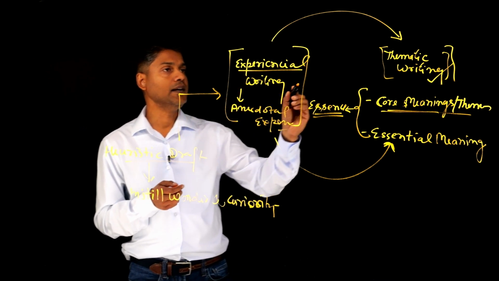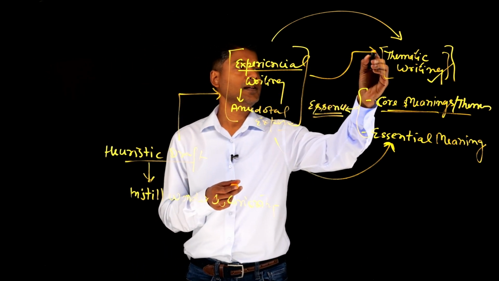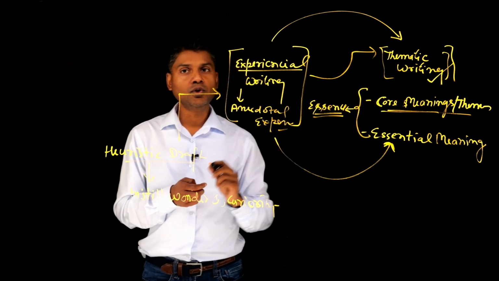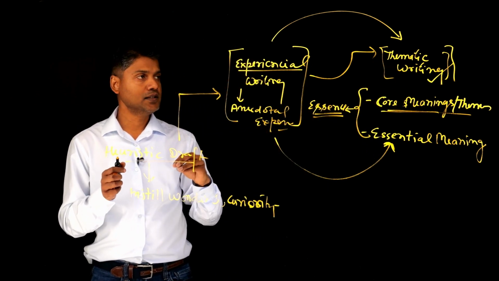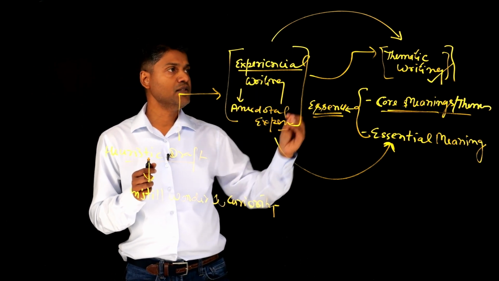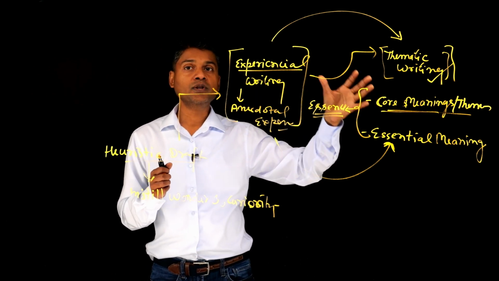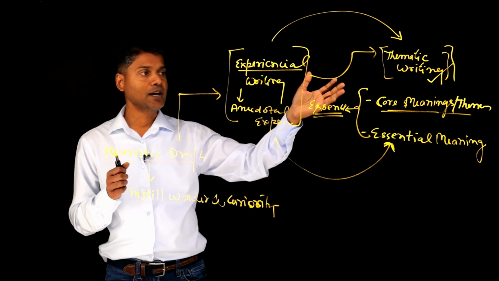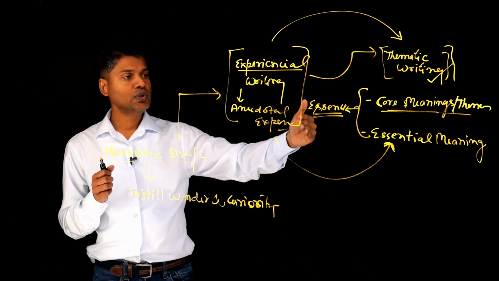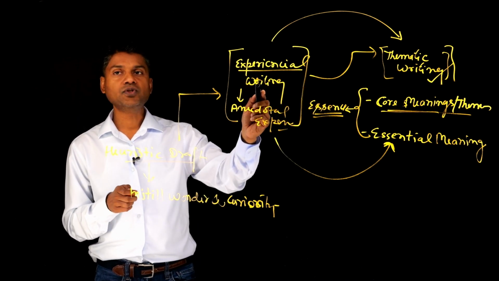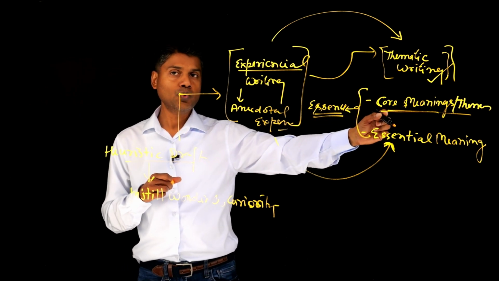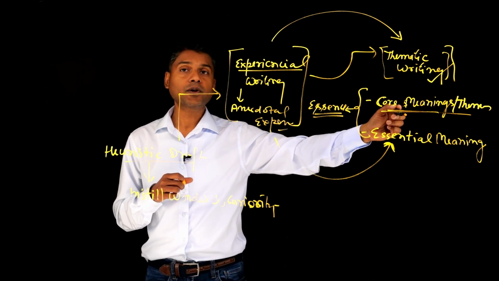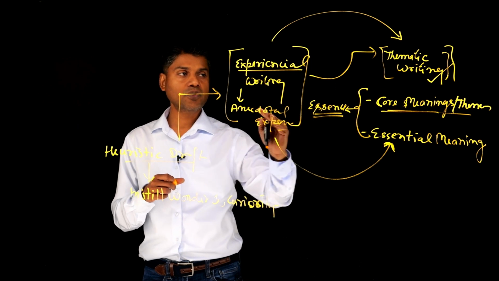And then finally, the third one is thematic writing, where, after your data analysis using whole-part-whole analysis, you identify certain themes and then write those themes, where you introduce the theme, you describe the theme, and then you insert the experiential writing draft in the write-up to support those themes. So these are the 3 steps.